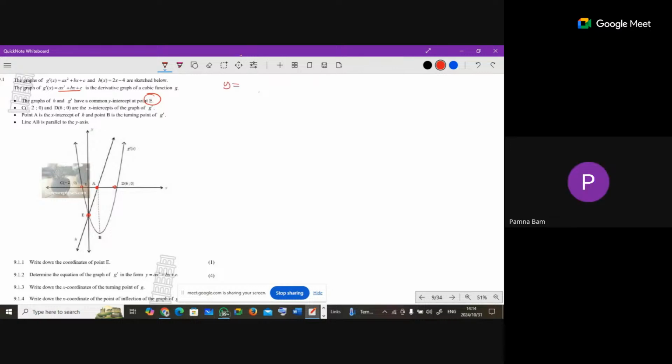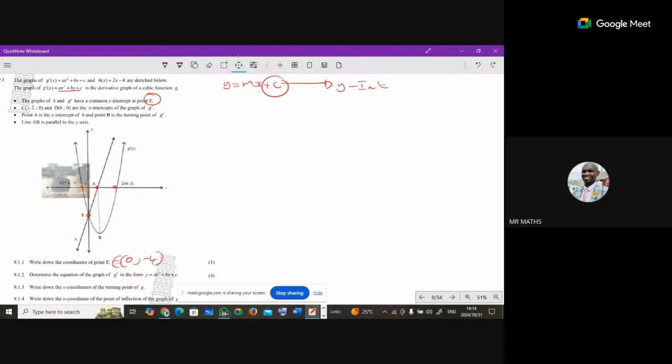Y is equal to mx plus c, yes. So c is always representing your y-intercept. So that's why you said, okay, pana equation coordinates zakho pana izoba ngubani? E, 0 and negative 4.